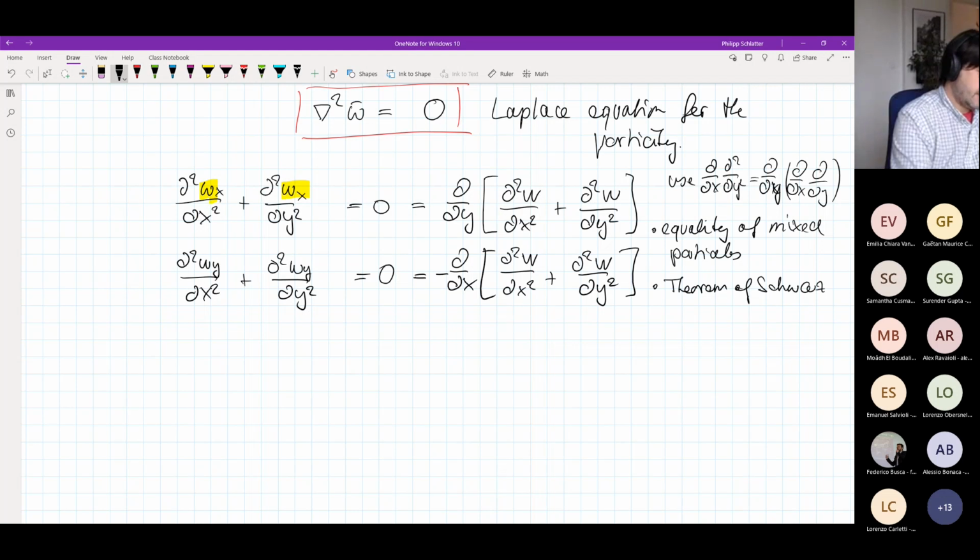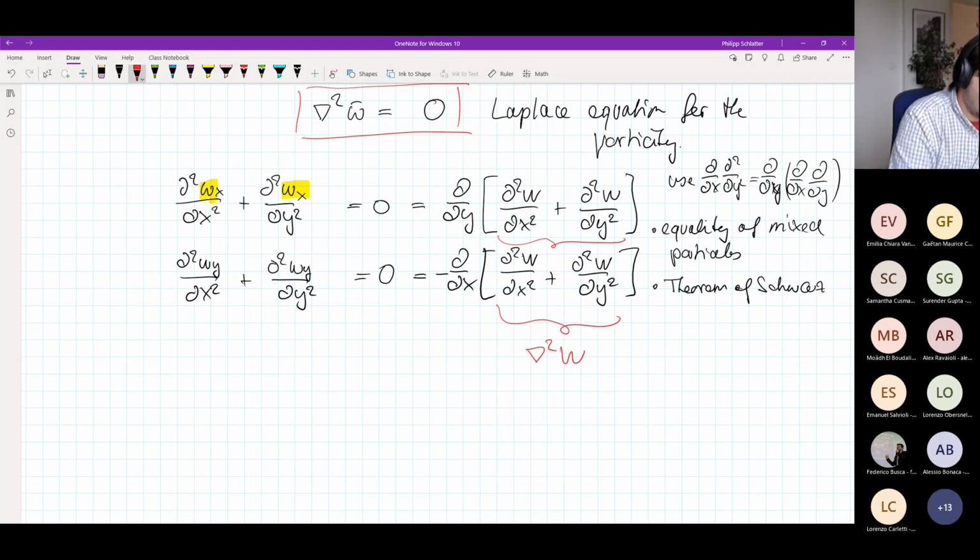This quantity in the brackets is just the Laplace of w. Laplace of w would just be d squared w dx squared plus d squared w dy squared.